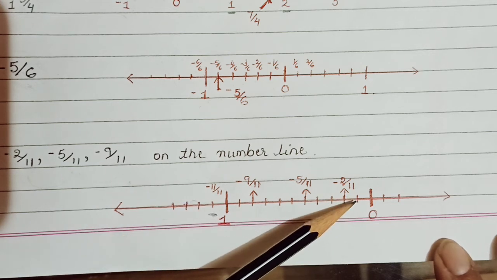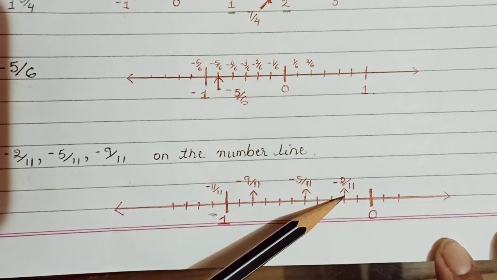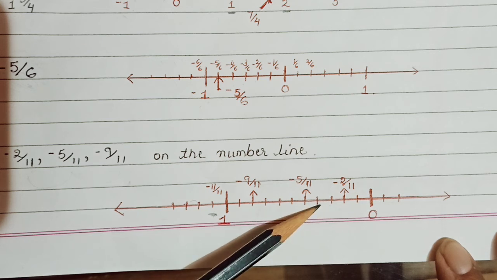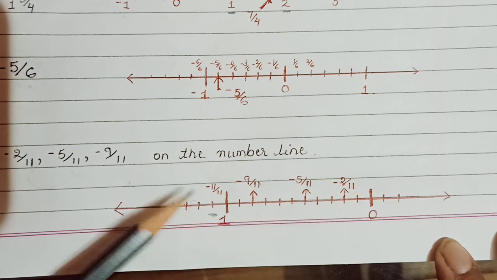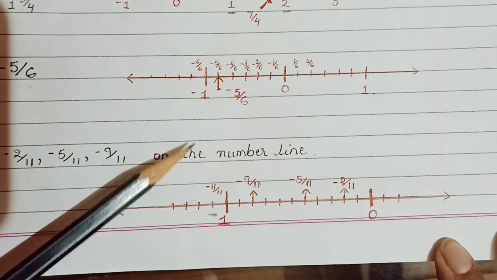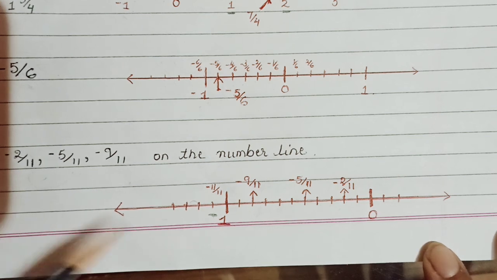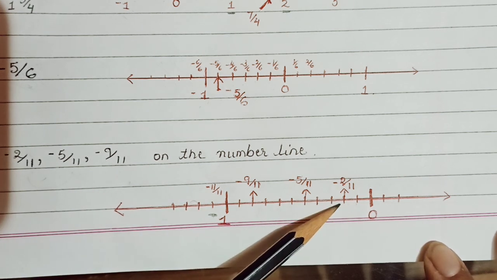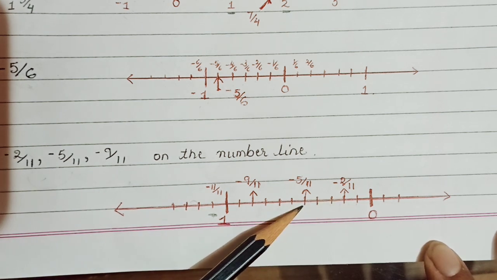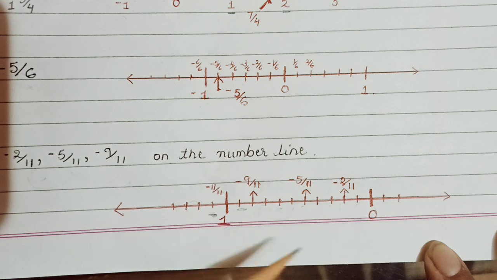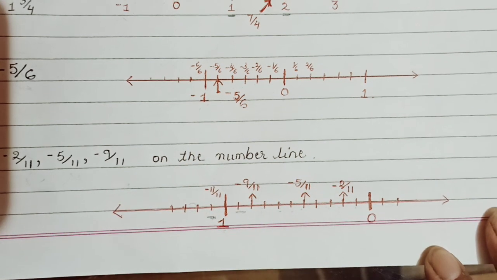Equidistant marks 1, 2, and -2 out of 11 was one in question. 3, 4, 5. Now I have not shown all the marks. I think by now you've understood, so I've only highlighted the ones that were in question. So 1, -2, 3, 4, then -5, 6, 7, 8, 9, 10 and 11 out of 11 has to be -1. Okay, so this is how we can easily show it.